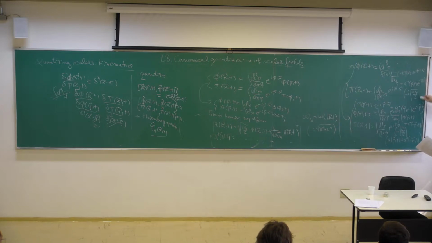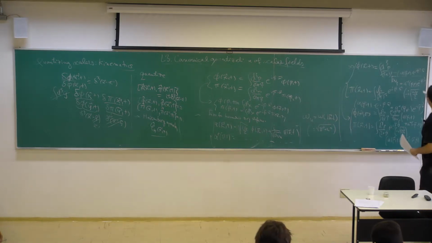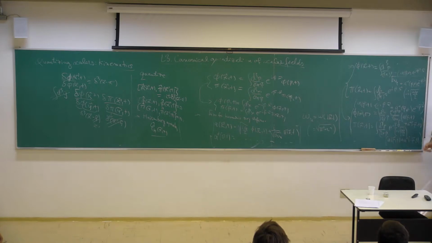But I've written them in this way with A e to the i px and A dagger e to the minus i px, because we will see what happens when we consider the quantization of the dynamics.